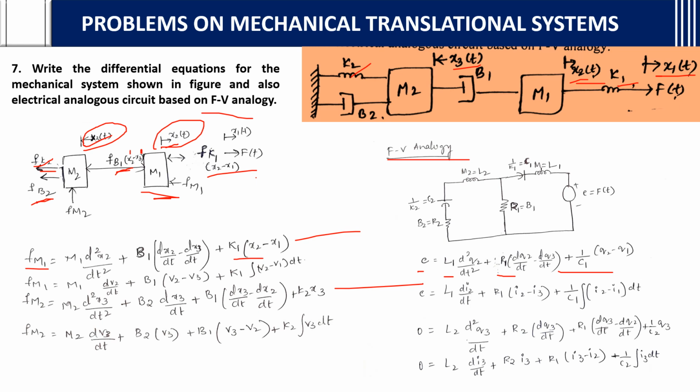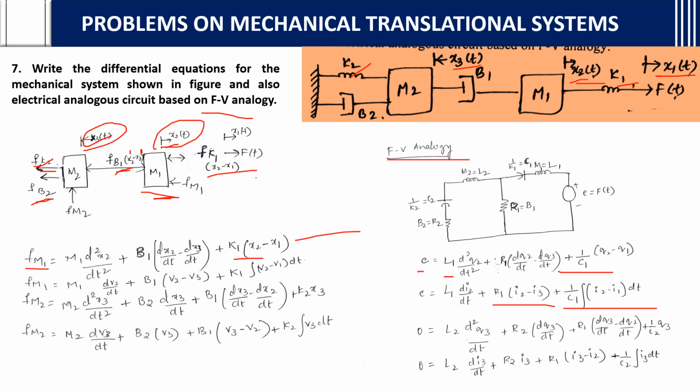We can write in terms of charge initially: d square q2 by dt square, dq2 by dt minus dq3 by dt, and q2 minus q1. This can be converted into I terms: E is equal to L1 into di2 by dt plus R1 into (I2 minus I3) plus 1 by C1 integral of (I2 minus I1) dt.